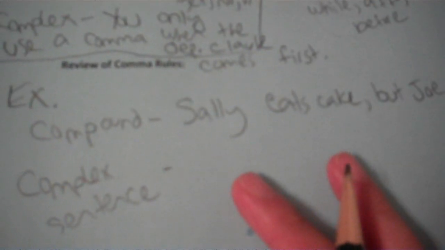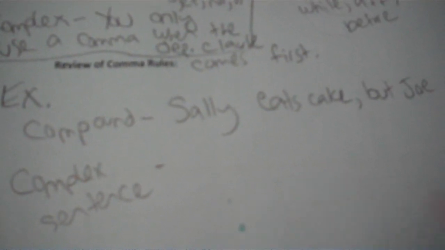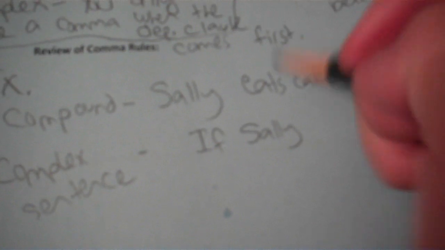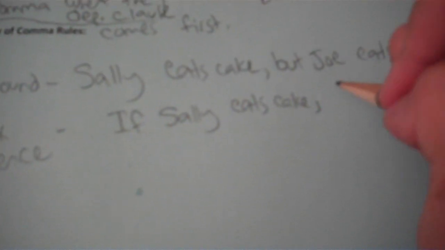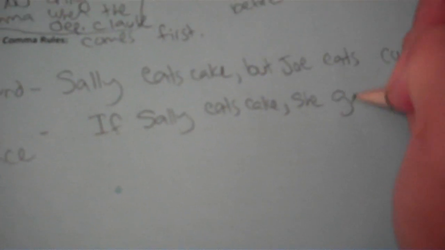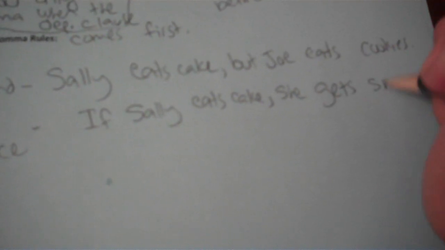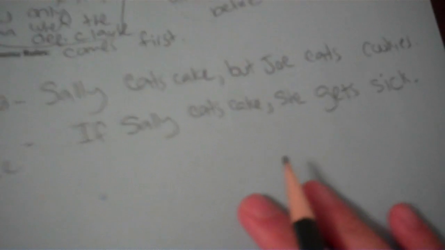Now let's look at a complex sentence. Complex sentences are different. With a complex sentence, you only need a comma if the dependent clause comes first. So here's an example. If Sally eats cake, she gets sick. Okay, so if Sally eats cake, she gets sick.